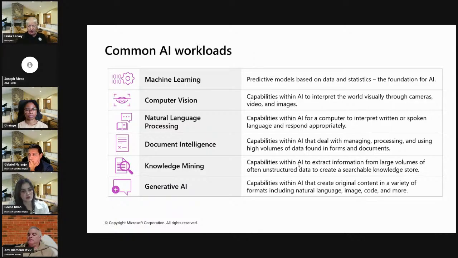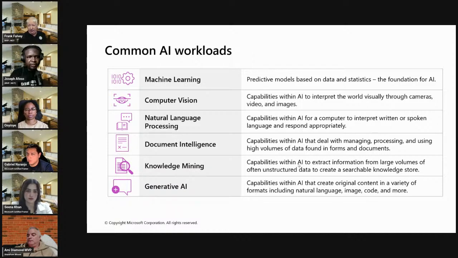Document intelligence, as I was saying, you can use Copilot inside Word to summarize a large document down. Then knowledge mining, where you can use the AI to extract information from large volumes of unstructured data.